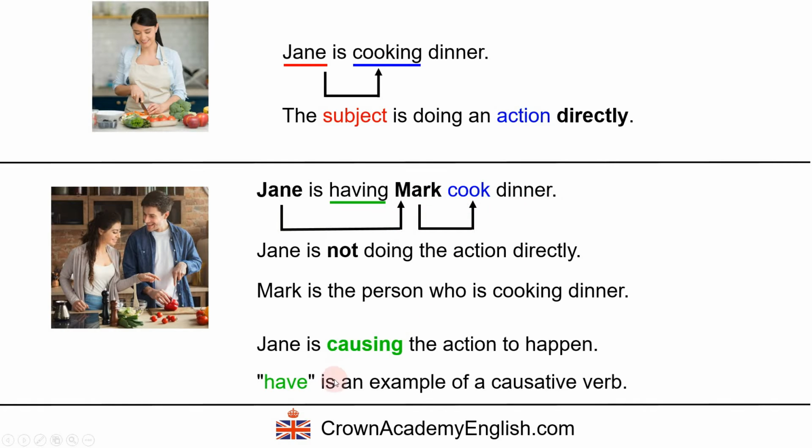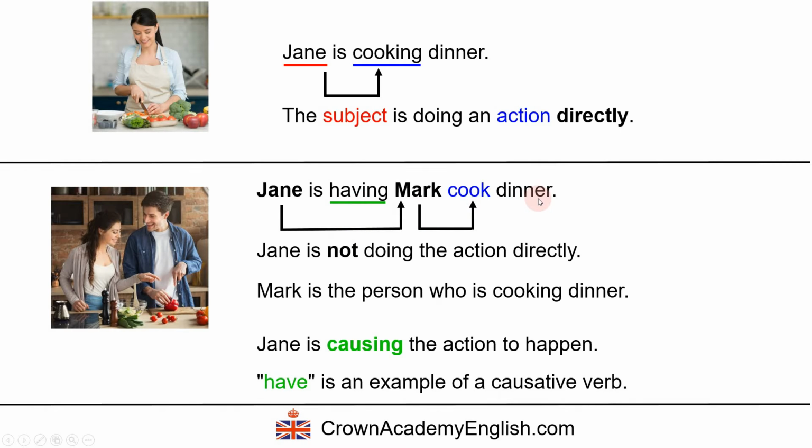So in this example, have is an example of a causative verb. This is a very special use of the verb have. We are not talking about possession. This is a causative verb.